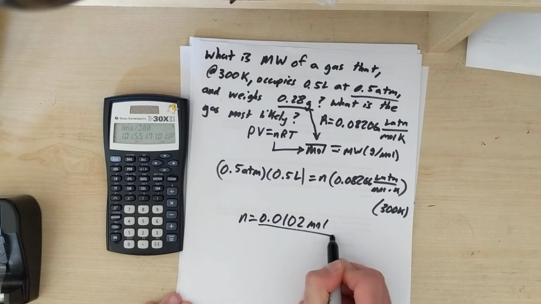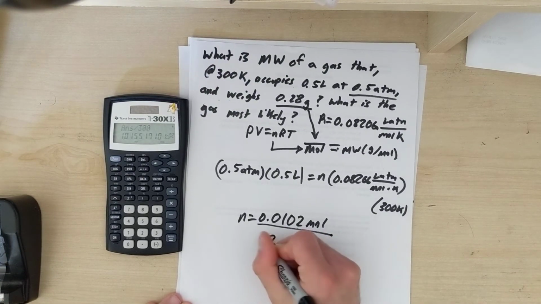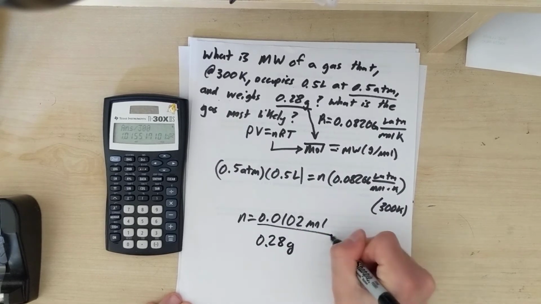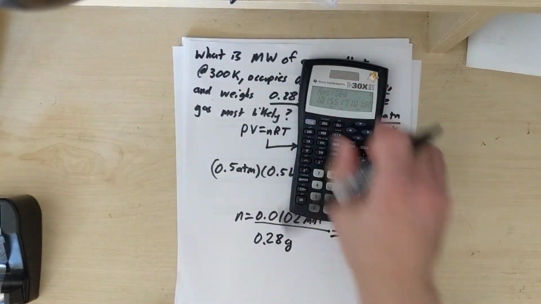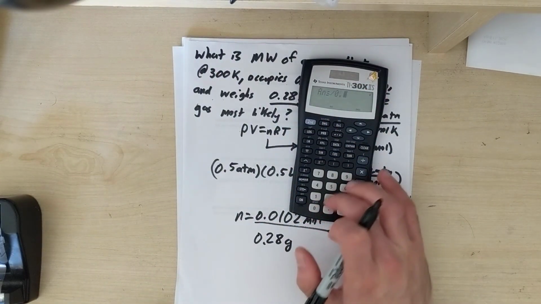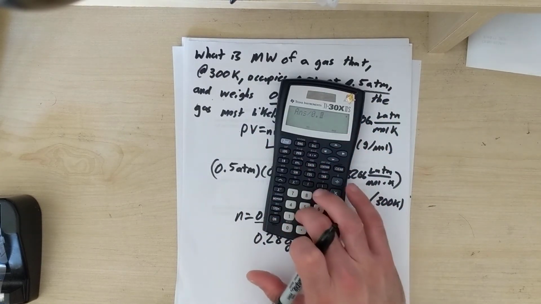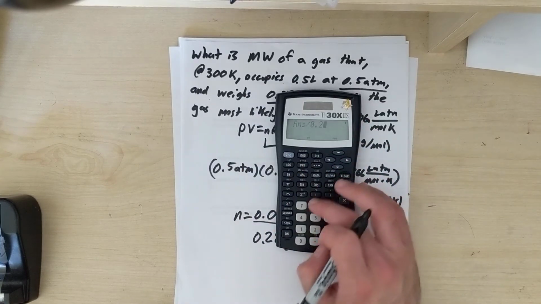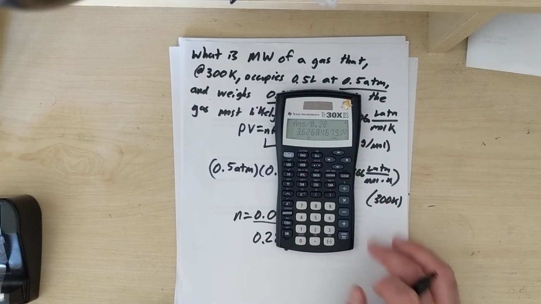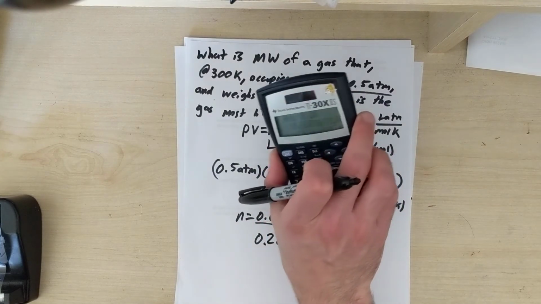So we have our N, we have our moles, and we also have our weight. So let's divide this by 0.28 grams.